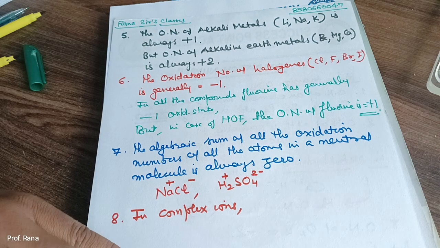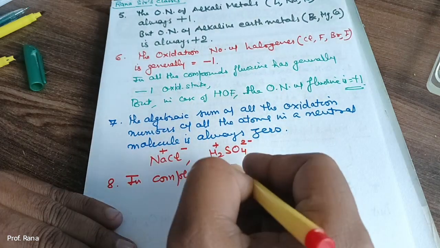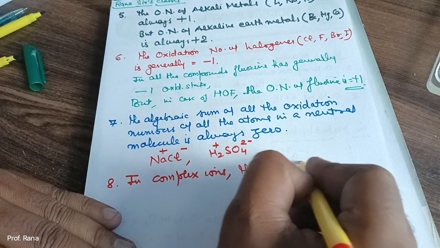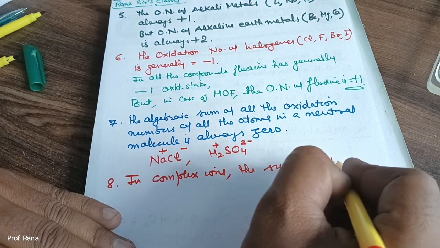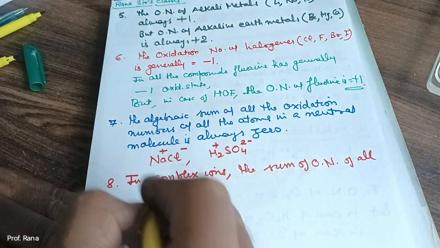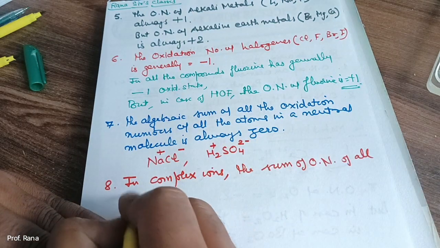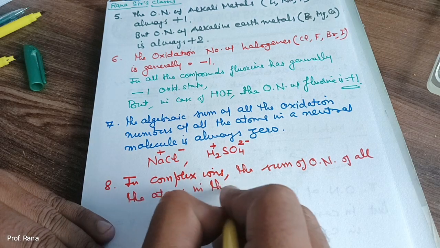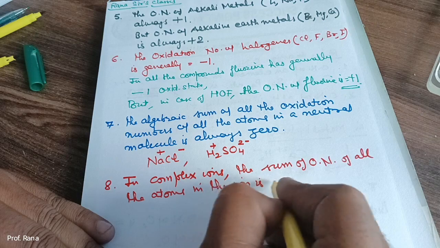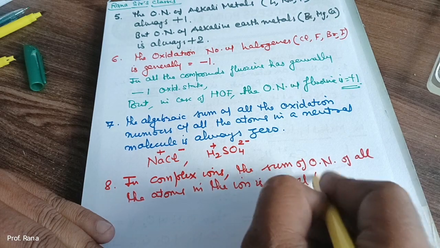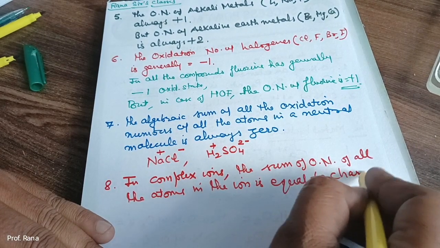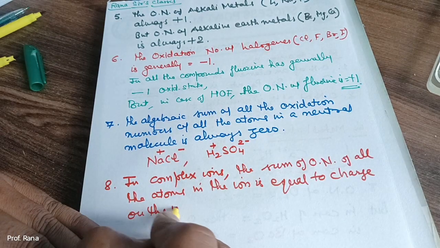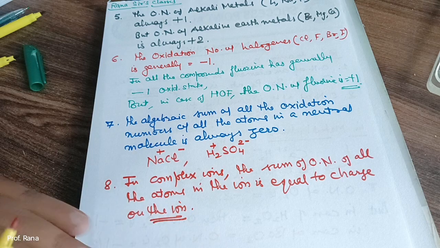So in complex ions, you should note that the sum of oxidation numbers of all the atoms in the ion is equal to the charge on the ion. So it is very important to note.